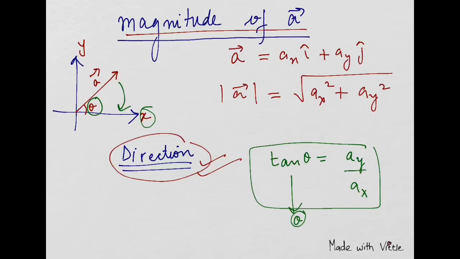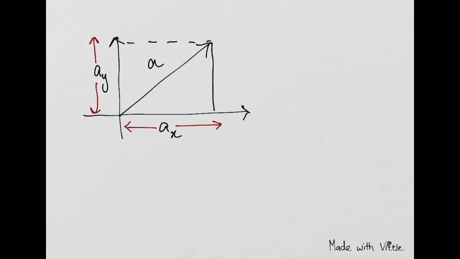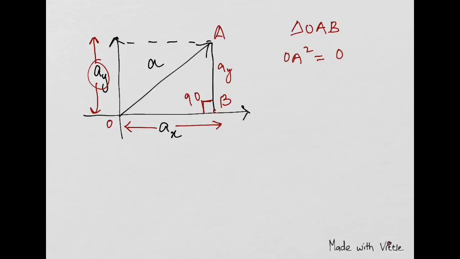Now I'm going to tell you why the magnitude formula is as such. Look here, triangle OAB. In this triangle, this is 90 degrees, and if this is AY, then AB is also AY. Now consider the triangle OAB. Here you can apply the Pythagoras theorem, which says OA squared is nothing but OB squared plus AB squared.